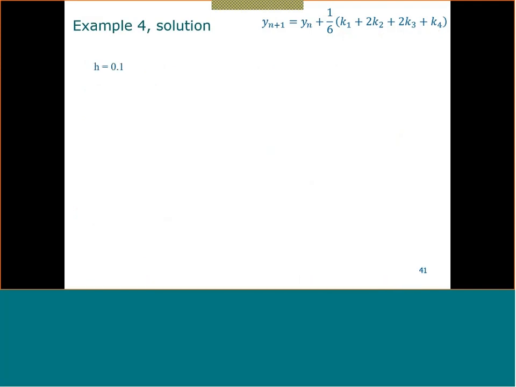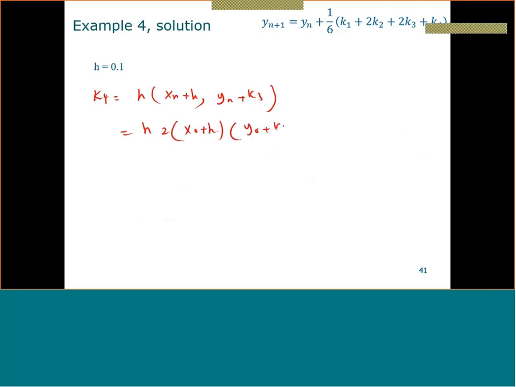Now we'll go for K4. K4 is equal to h times f(xn plus h, yn plus K3). So this is equal to h times 2 times (x0 plus h) times (y0 plus K3).